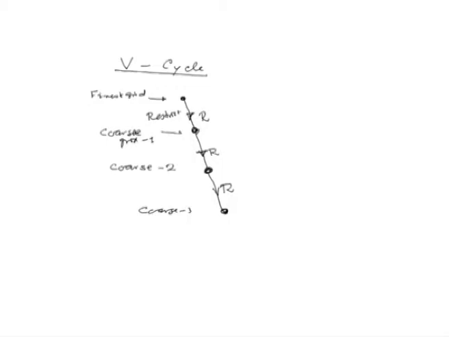At the coarsest grid level, we then solve for the correction vector or correction term. We would basically solve a linear system which would be much smaller in size compared to our finest grid.